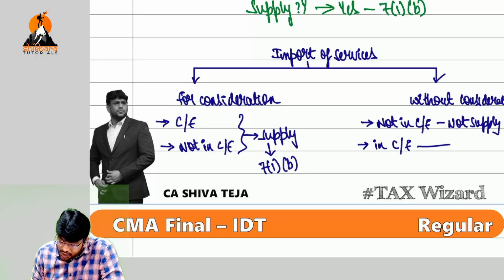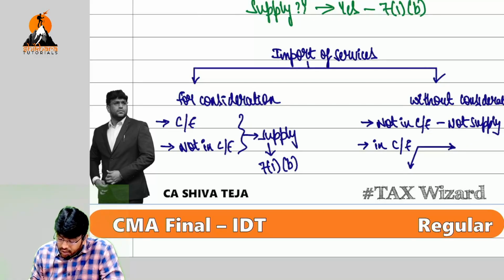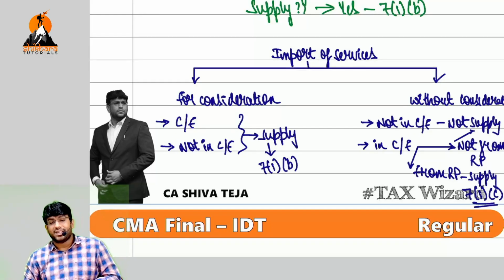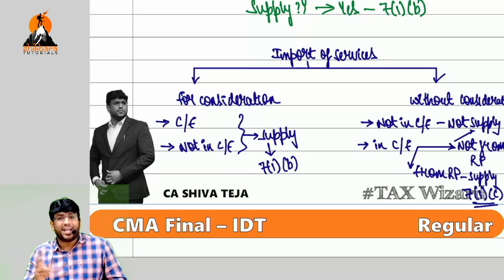In the course of furtherance of business, again we will see two categories: not from a related person, not a supply; from a related person, this will become supply. This answer is coming because of 7(1)(c). So in 7(1)(c), it is important that it should be from a related person, and that too in the course or furtherance of business. If any condition failed, then gone.